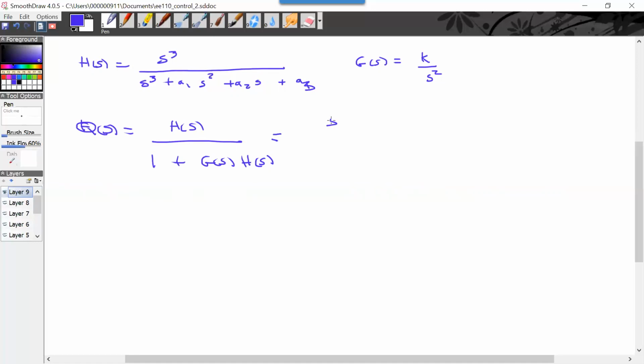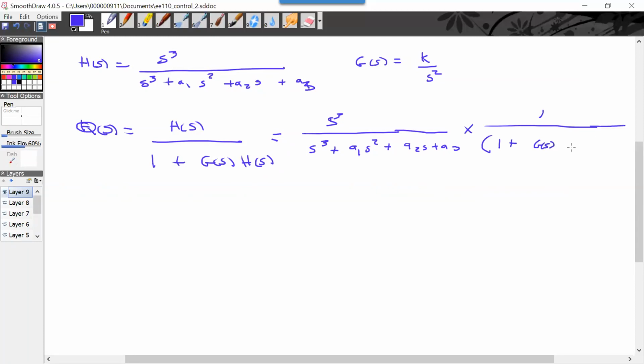Now, I'm going to show mathematically, all right. I might run out of space here.